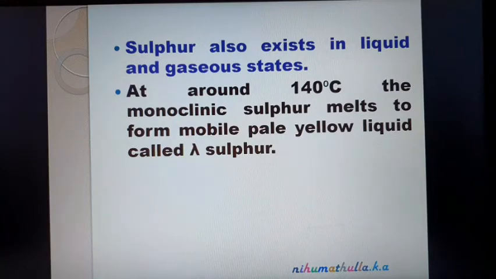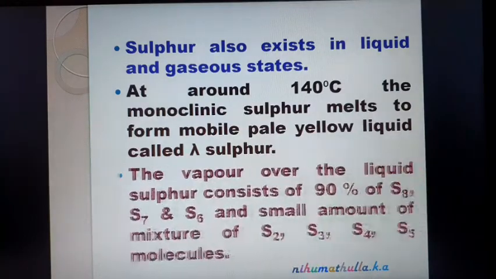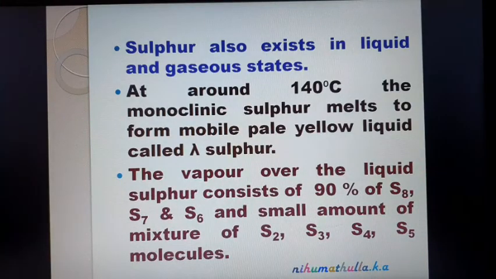Mobile means moving liquid. The vapor over the liquid sulfur consists of 90% S8, S7 and S6, and a small amount of a mixture of S2, S3, S4, S5 molecules.